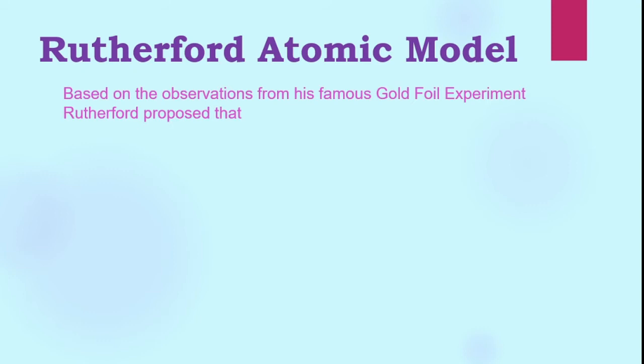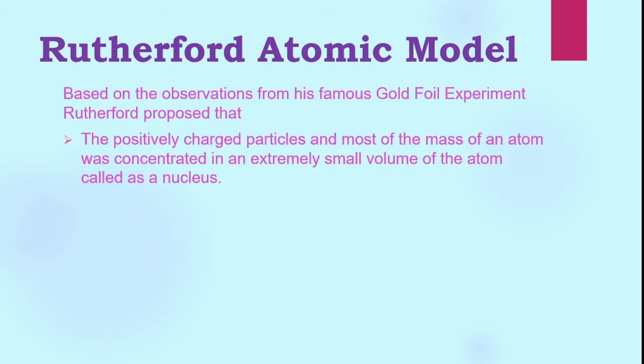So, based on the observation from his famous gold foil experiment, Rutherford proposed that the positively charged particles and most of the mass of an atom were concentrated in an extremely small volume of the atom called a nucleus.